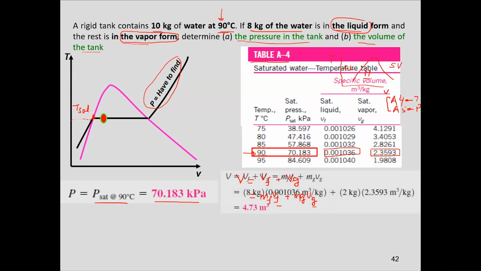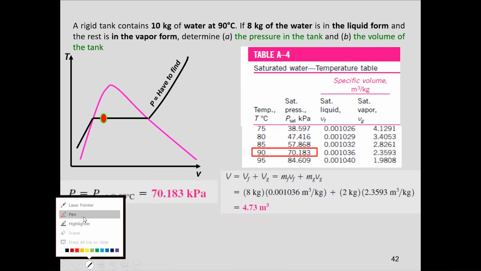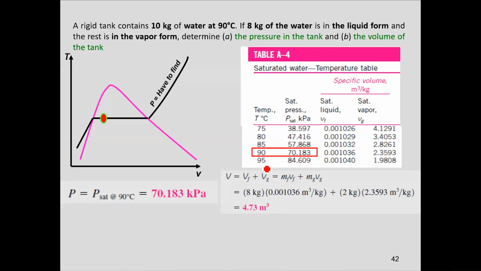So you will use this relationship to find the total volume: mass multiplied by the specific volume of the corresponding state of your system. That means 8 kgs multiplied by the specific volume of the liquid and 2 kgs multiplied by the specific volume of the vapor would give you the total volume of your system.